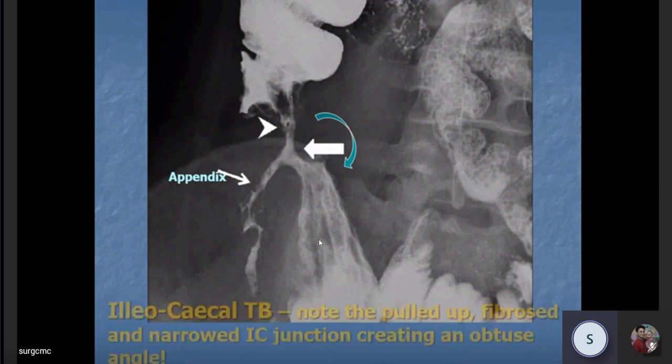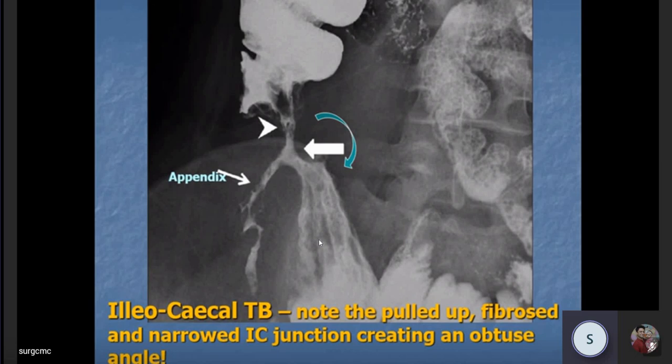This is an ileocecal tuberculosis, not generally given in undergrad exams, but you can see small bowel opacified, dye has mostly gone. This is the cecum going like this, this is the ileum going down, ileocecal junction.